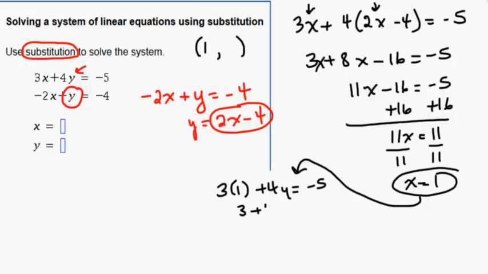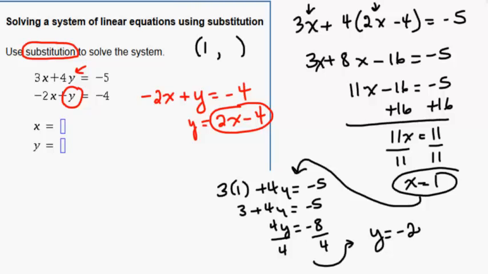It's going to give me 3 plus 4y is negative 5. Subtract 3 from both sides, we get 4y equals negative 8. And divide by 4, and y is negative 2. So that gives me the ordered pair (1, negative 2).